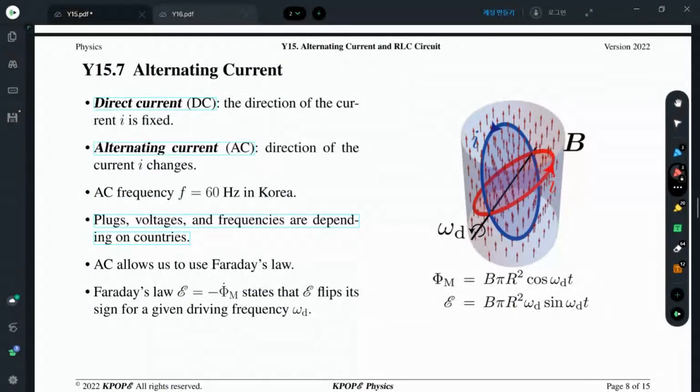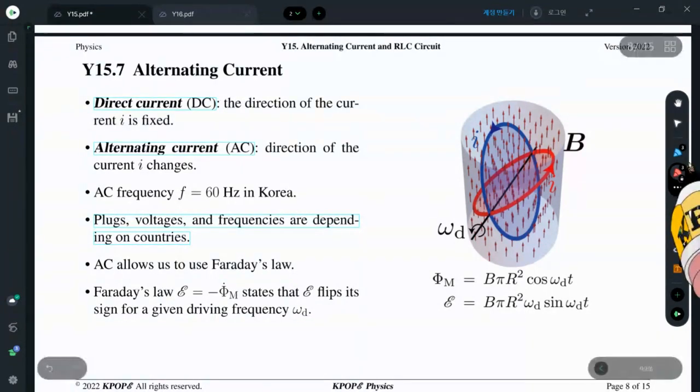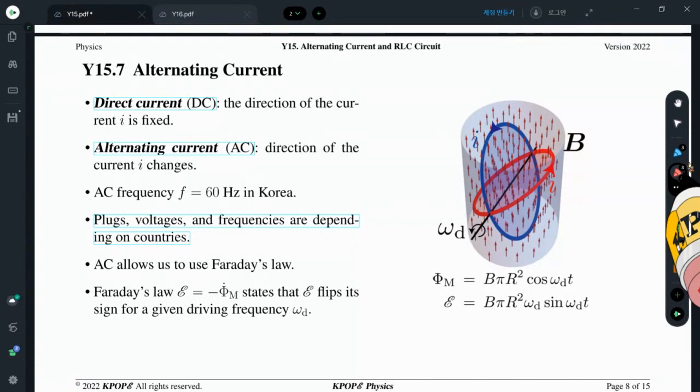Next, we consider the alternating current. Because of the damping, we need to supply additional power. There is no way to avoid the resistance absolutely, except that you reach the absolute temperature 0.